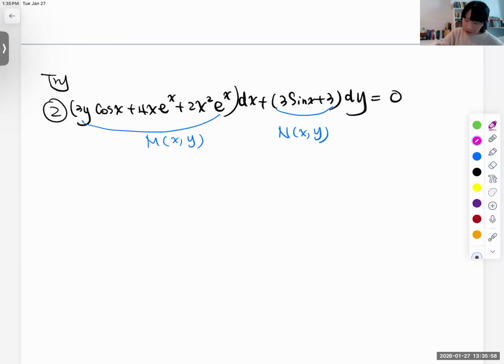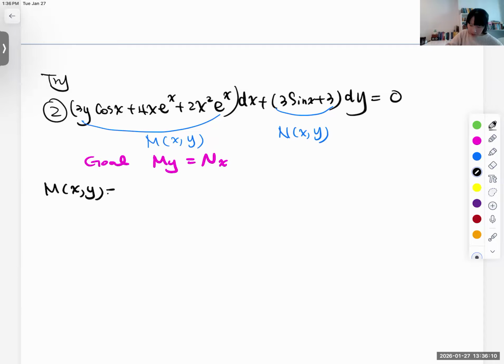The goal, right? Next, all right, so we have the equation M of xy equal to 3y cosine x plus 4x e to the x plus 2x to the second power.